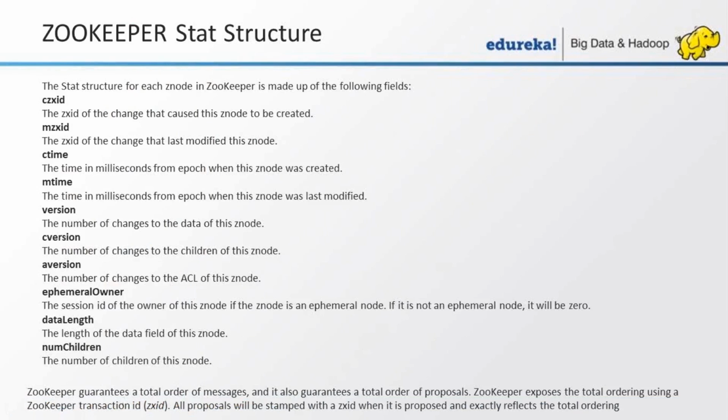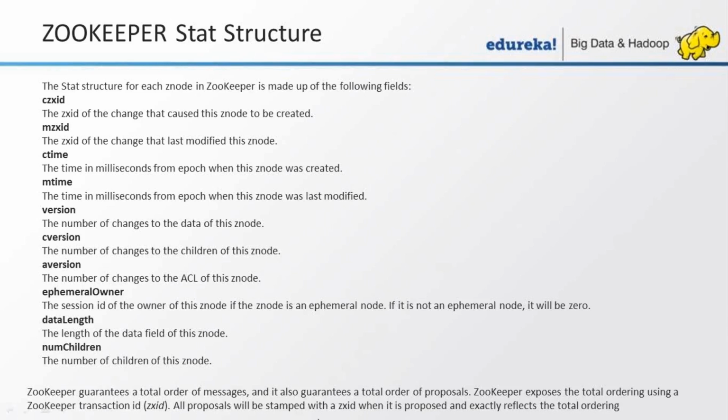So ZooKeeper guarantees a total order of messages. What it means is whenever something gets updated, it has a transaction number. Those transaction numbers ensure that if an update comes from multiple places, multiple nodes, those updates are sequenced using those transaction numbers.